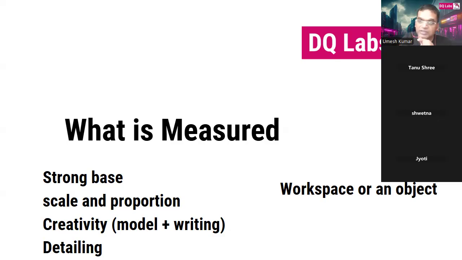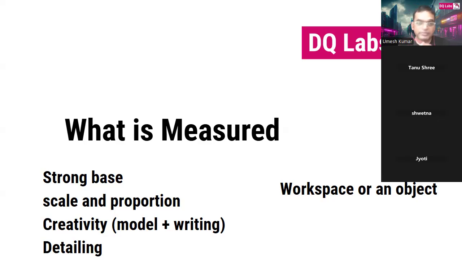Imagine you lifting the base and turning it upside down. What will happen? If you do not secure the furniture onto the base properly, everything will fall down, right? So a very important thing for the NIFT situation test is that you create a strong base and your model should be liftable, and they may move it upside down to analyze what you have done. So a sturdy model is something that they're going to check.